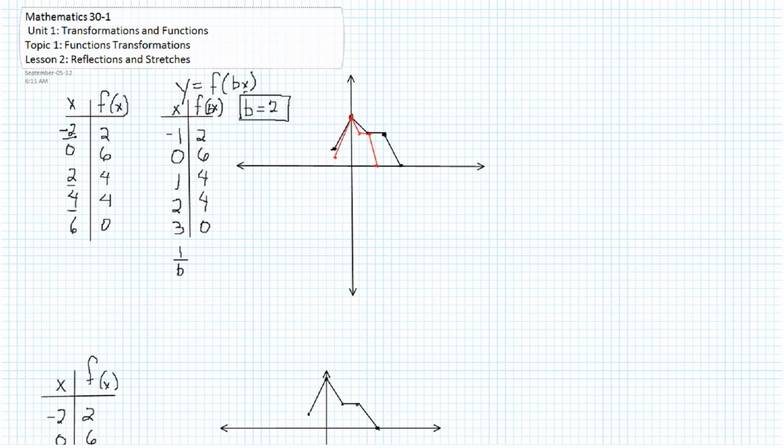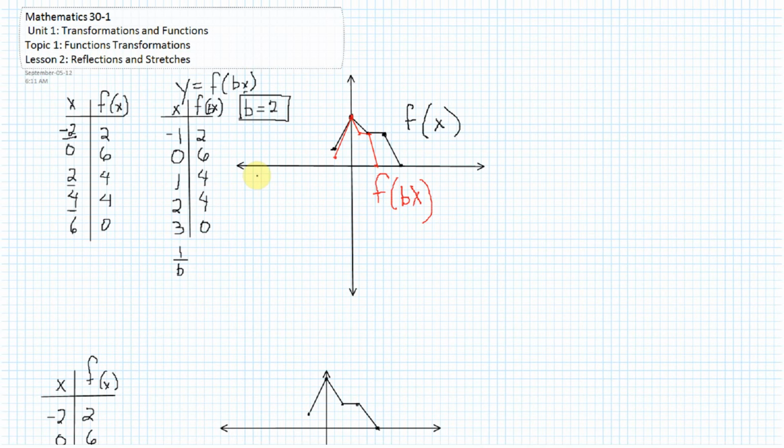And I just want to label this f of bx, and the original graph in black is f of x. So we can see that the stretch has resulted in an image that is more compact, or tighter to the y-axis.